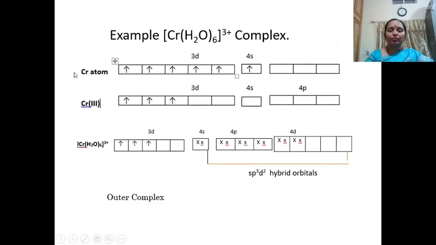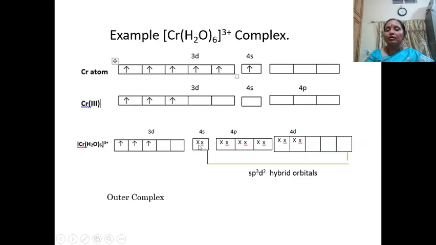So, in chromium atom, it has 5 electrons in the 3d subshell, 1 in 4s, and in 4p there are no electrons. But in chromium 3+ ion, there are 3 electrons in the d orbitals, and it is using not the 3d vacant orbitals for the formation of the complex, but it uses the 4d orbitals.